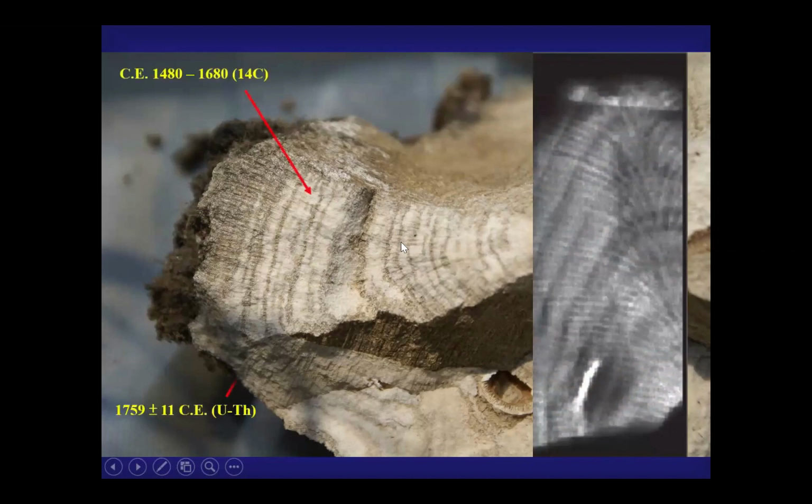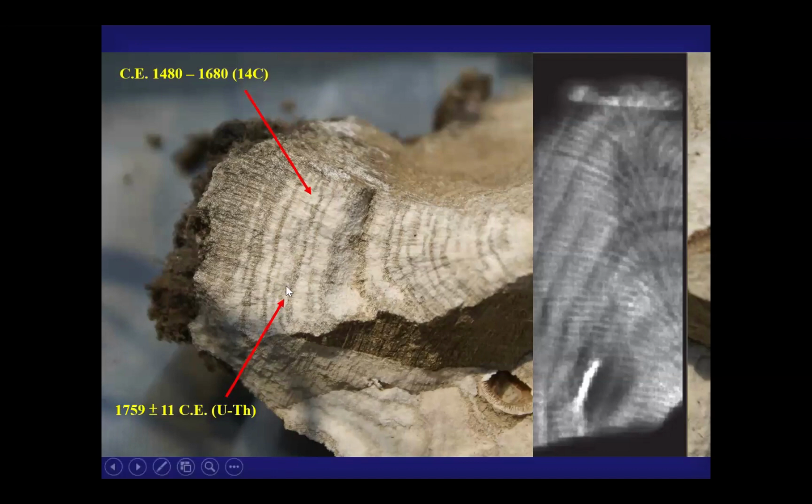This particular coral is very nice because we actually got very detailed and good age results. On radiocarbon, we know the timing is about this, but from much better uranium thorium dating, we actually got an age of something like 1759 CE, plus or minus 10 years.